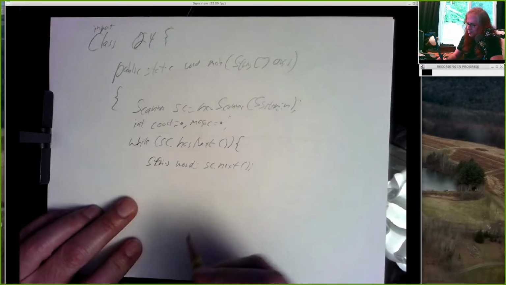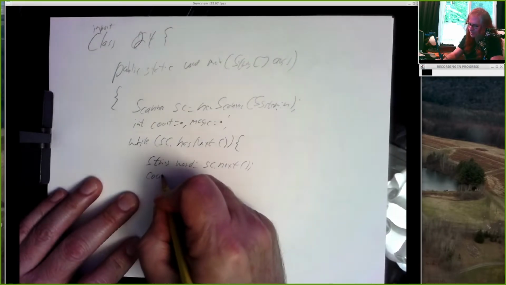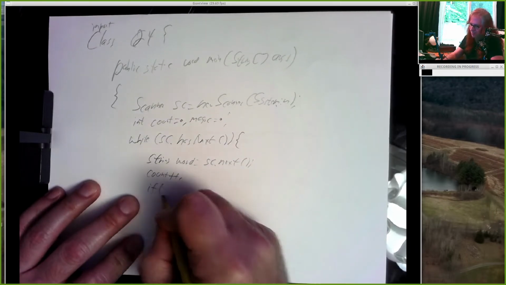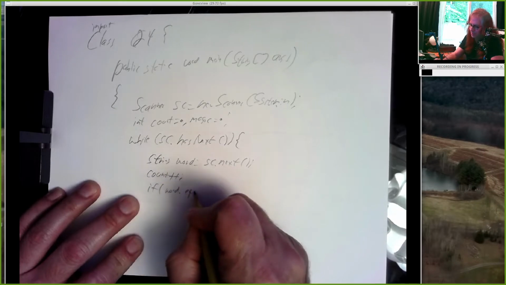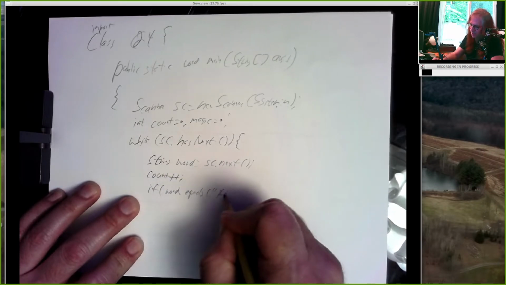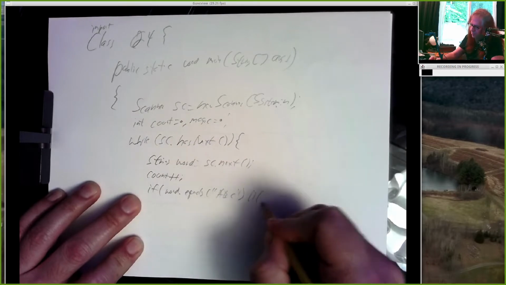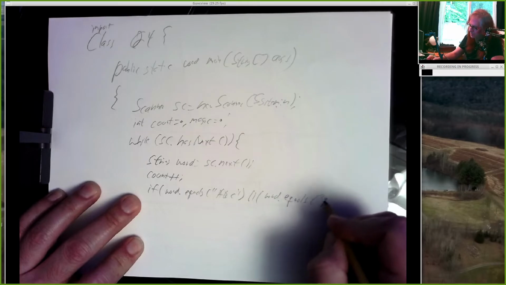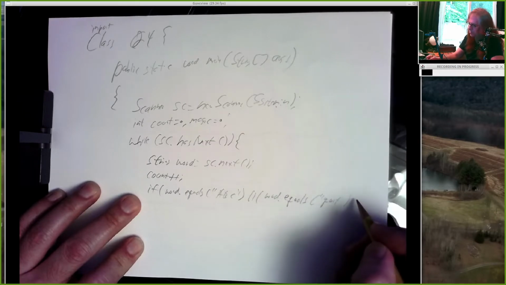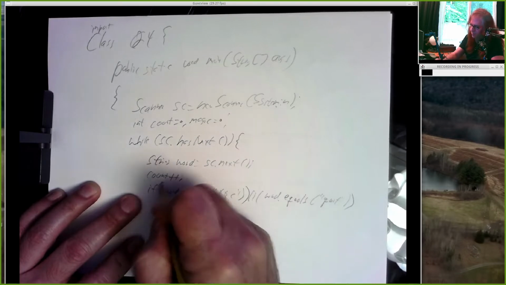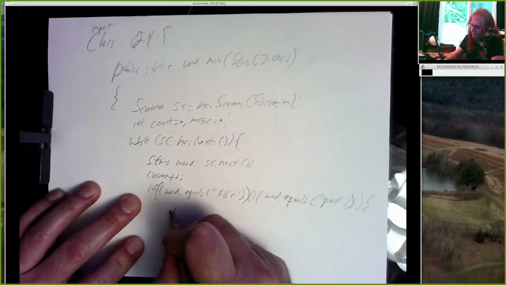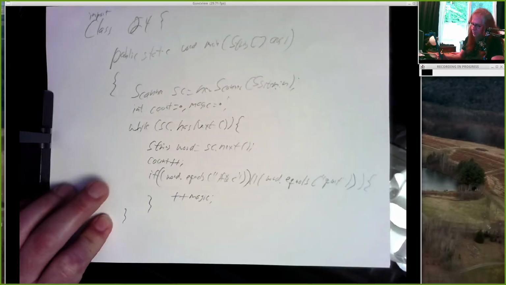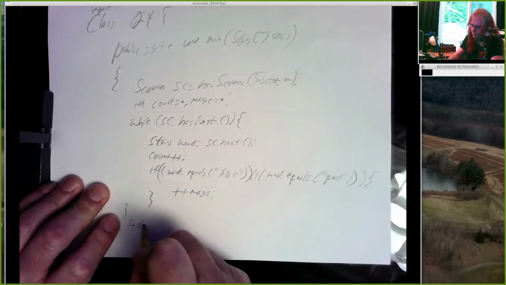So we're going to read in a word, we're going to increment our total count, and then we can say if word dot equals ABC, or word dot equals quit, increment magic, and there's the end of the while loop, and then do your print out.